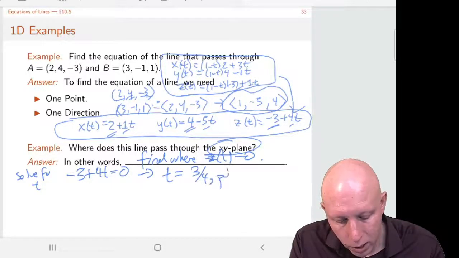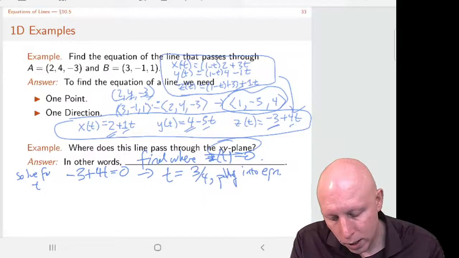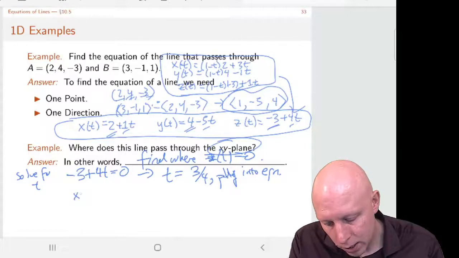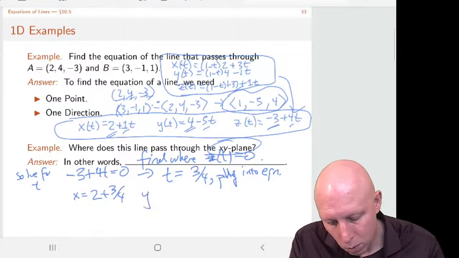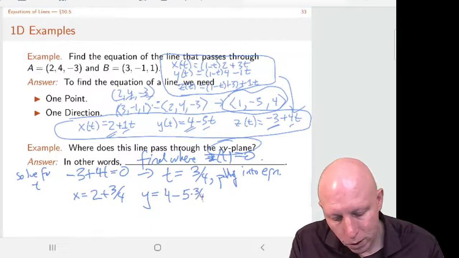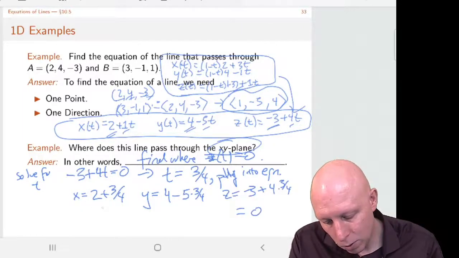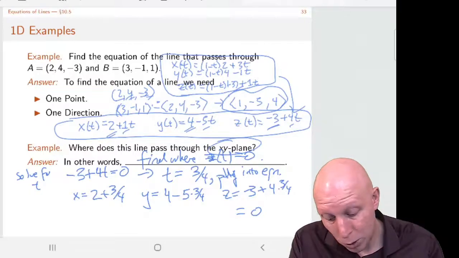So plug that into the equation. x is equal to 2 plus 3/4. y is equal to 4 minus 5 times 3/4. And z is equal to negative 3 plus 4 times 3/4, which we already knew was 0. The x-coordinate is 2 3/4, or we can write that as 11/4.